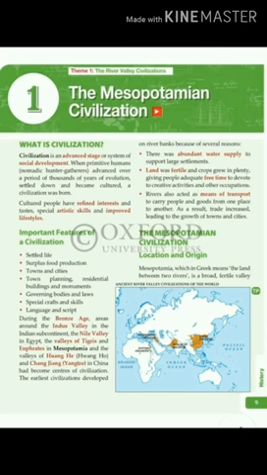Governing bodies and laws are very necessary for every civilization. Ideally, laws keep citizens in check for their own safety as well as the safety of other citizens around them.